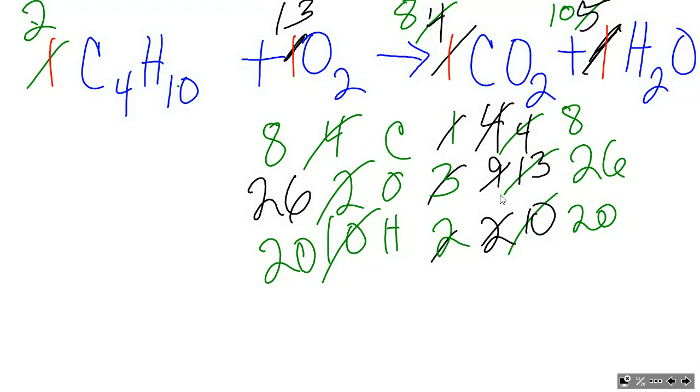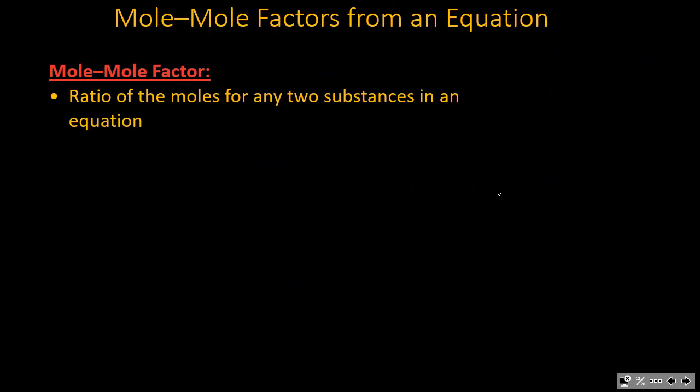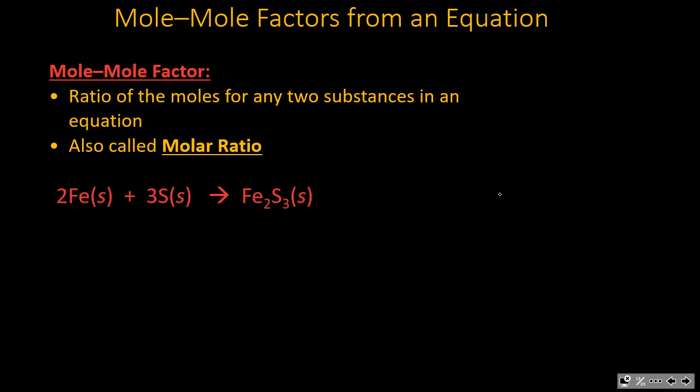Okay. And that'll tell us how those will react. Called the molar ratio. So in this case, what is the ratio of iron to sulfur in this reaction? 2 to 3. Okay, does that make any sense?